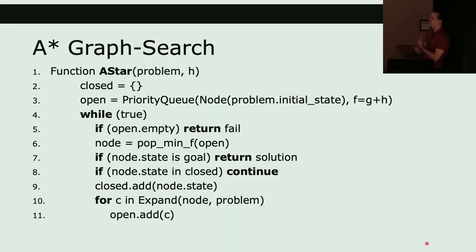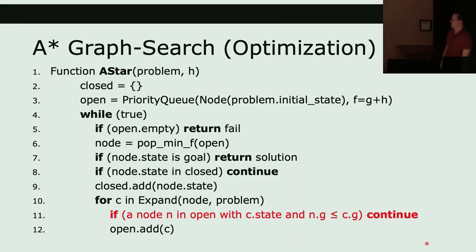Let's talk about a couple of small optimizations because I'm going to show them. I'm going to go through a time-consuming, illustrated example of an A-star search to really drive it home into your head what's going on. But in that example, I'm going to show some of these optimizations. Here's the first optimization.